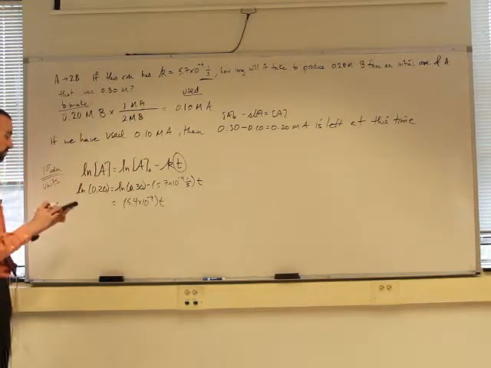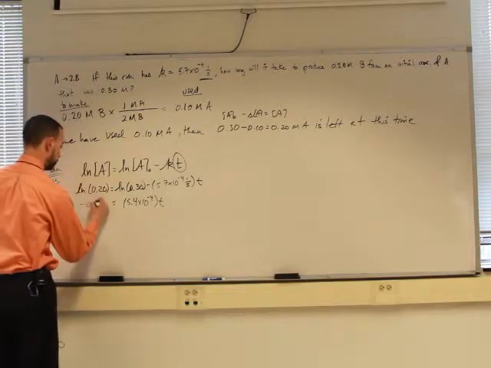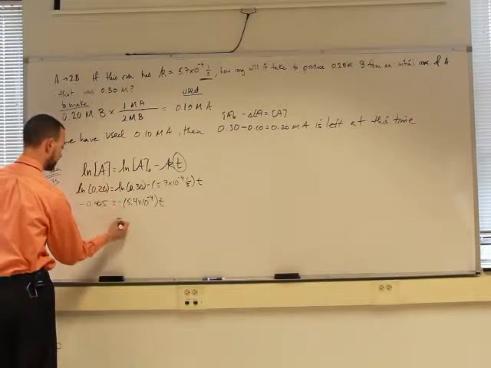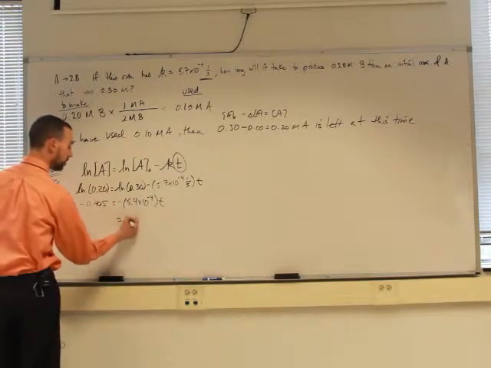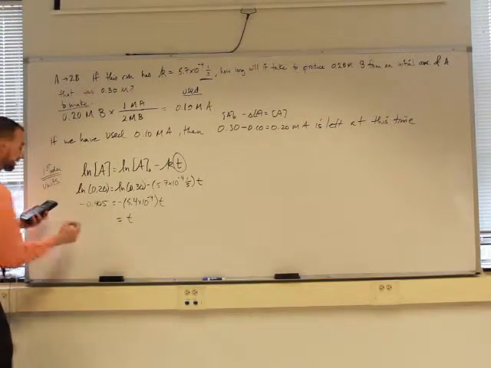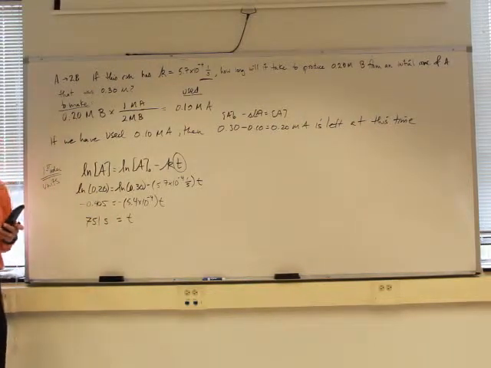So that's going to be negative 0.4, oops, negative sign on that, negative 0.405 equals the 5.4 times 10 to the minus 4, so now divide by that. And I get 751 seconds.